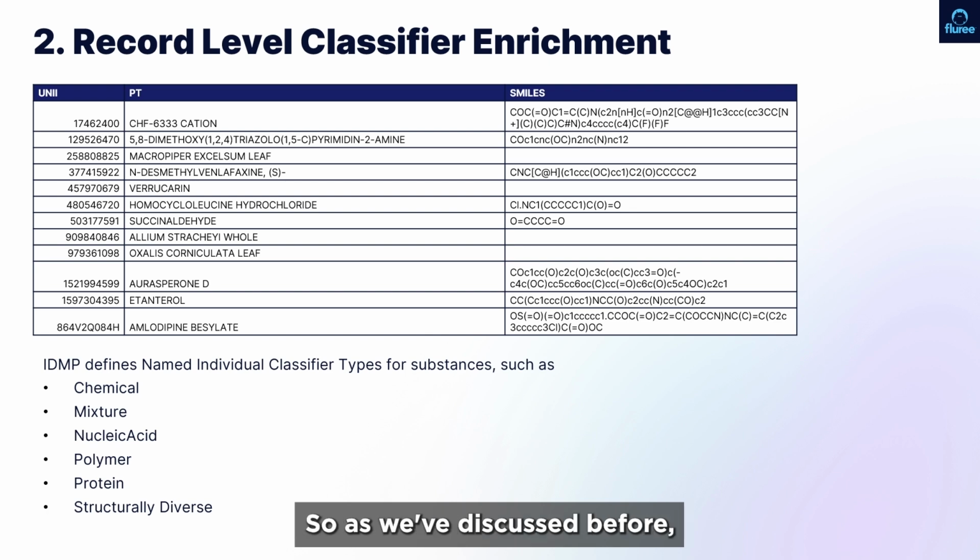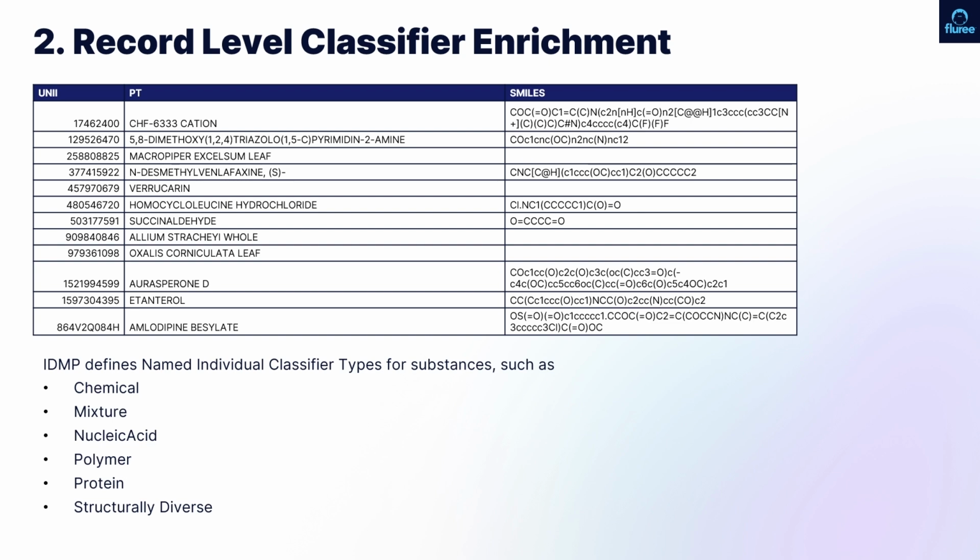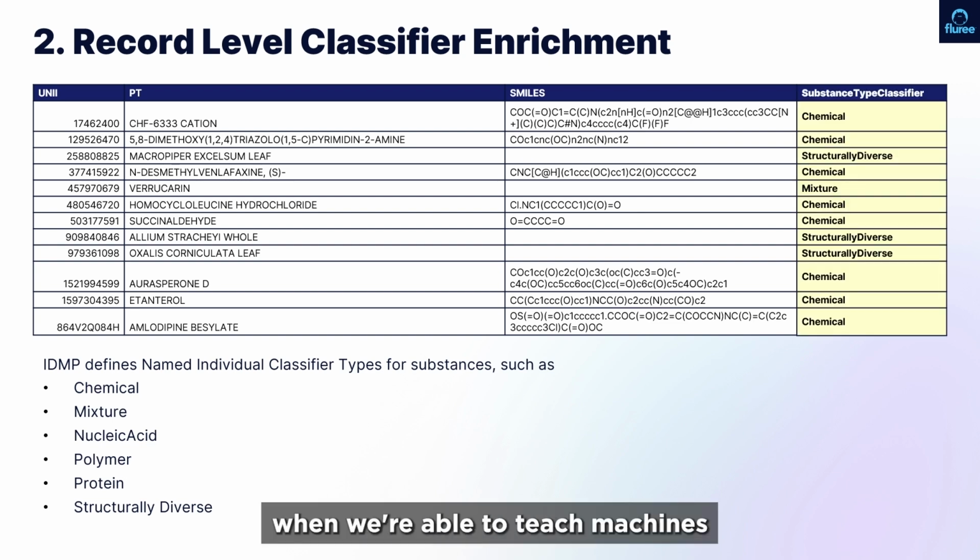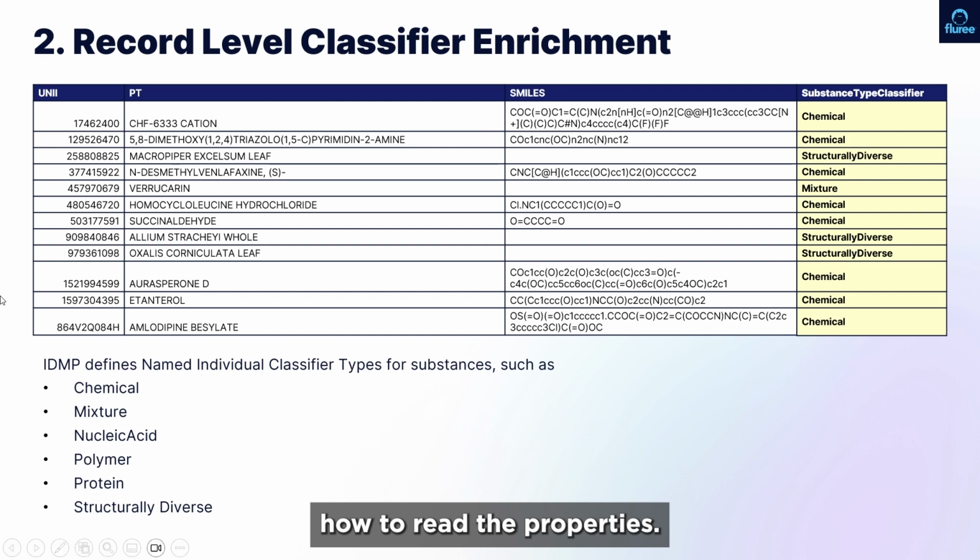As we've discussed before, if I tag something as a nucleic acid, there's a lot of inferable knowledge that we can bring to the table, because we know what the term nucleic acid means, since that's explicitly described in our ontology. So the next level, level 2 mapping, is when we're able to teach machines how to read the properties.